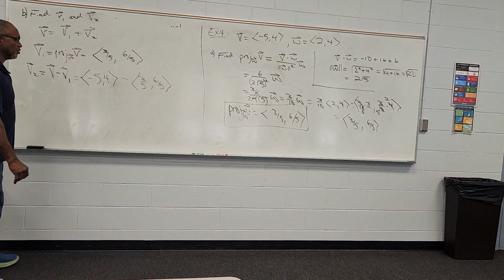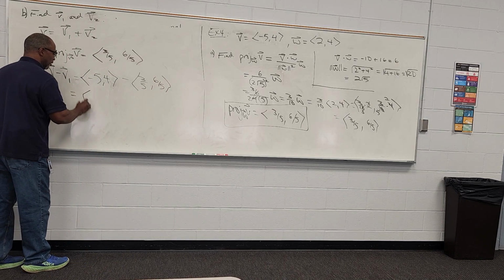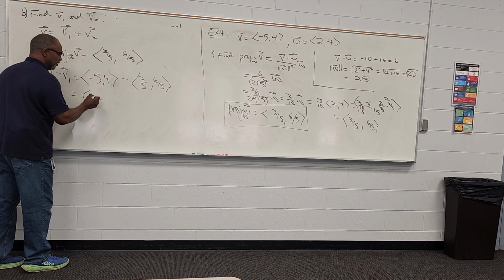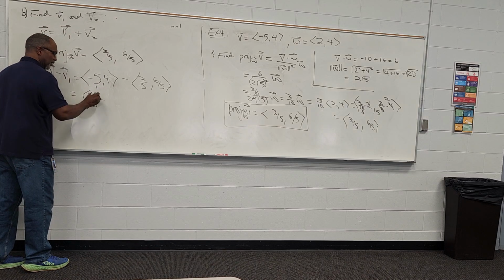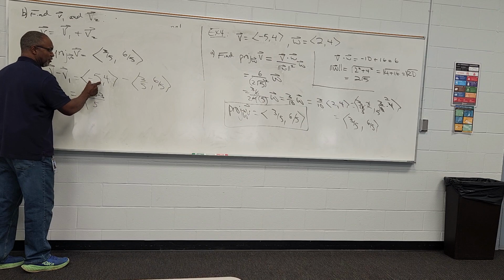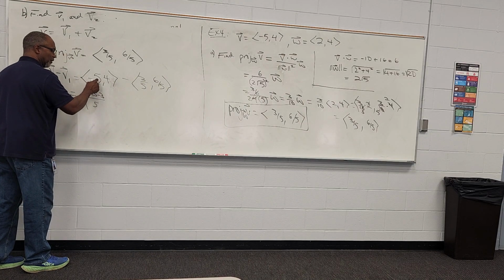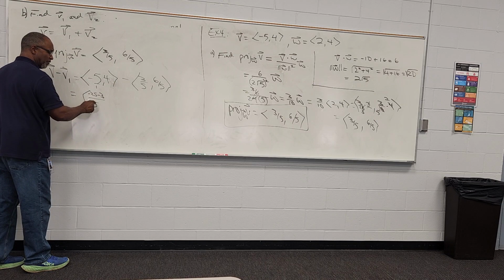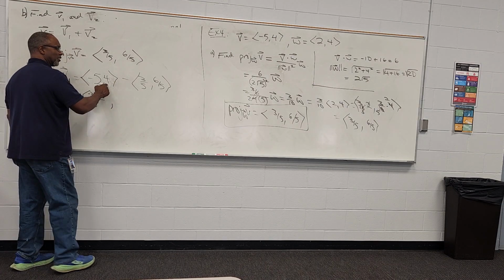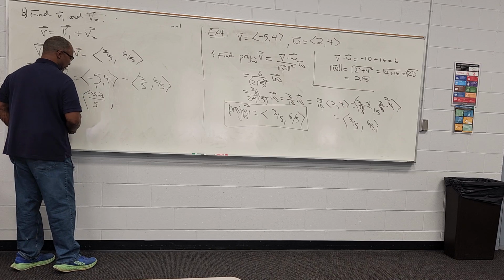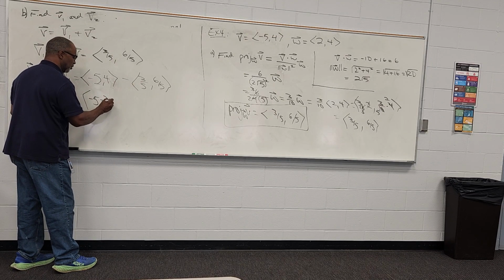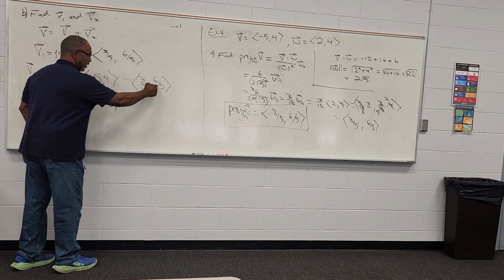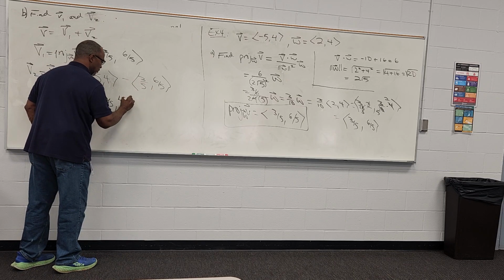So all I've got to do is subtract. And to subtract, you need a common denominator, which is 5. All I'm doing is saying negative 5 minus 3 fifths, and then 4 minus 6 fifths.